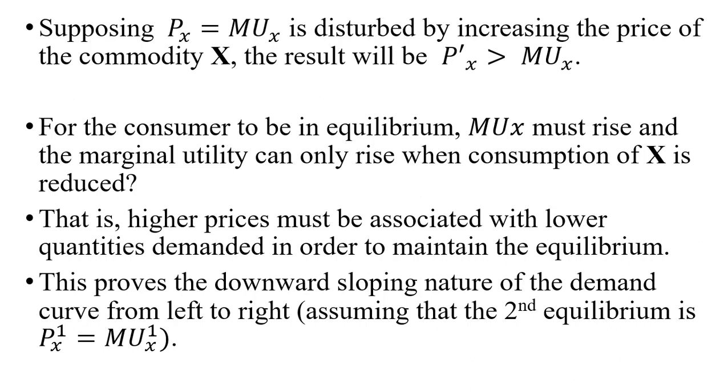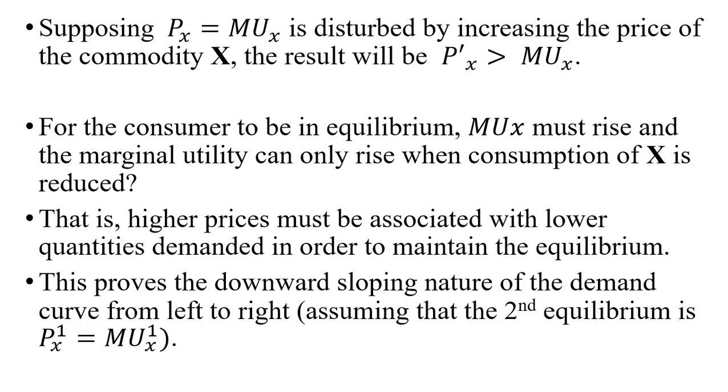So that this equilibrium condition, price of X must be equal to marginal utility, should be maintained, because that is what the consumer always tries to maintain. How much I'm paying for a good should be equal to the satisfaction I'm deriving from paying for that good. So this is what proves that as the price of the commodity goes high, the quantity consumed has to decrease because of the diminishing marginal utility that is associated with consumption.